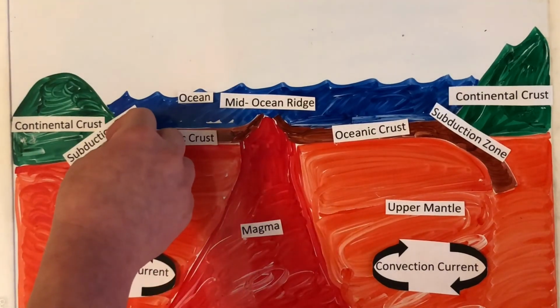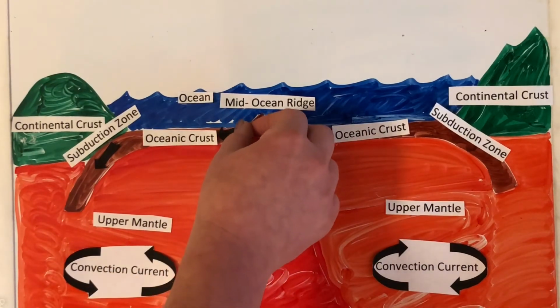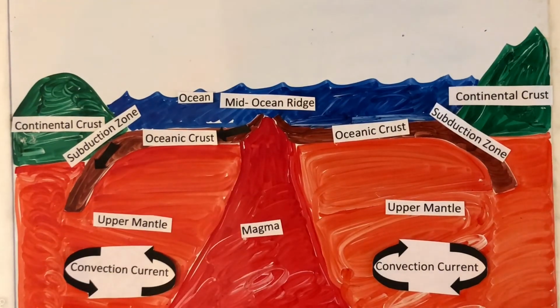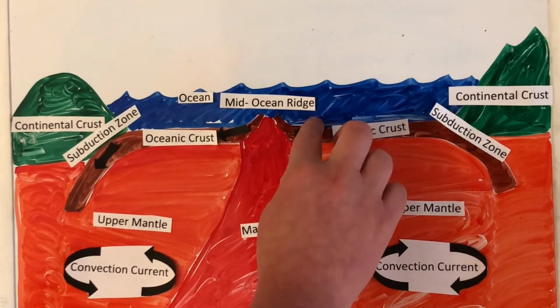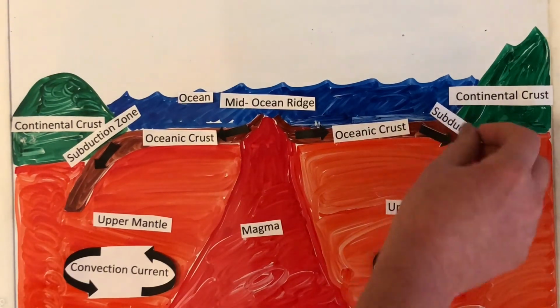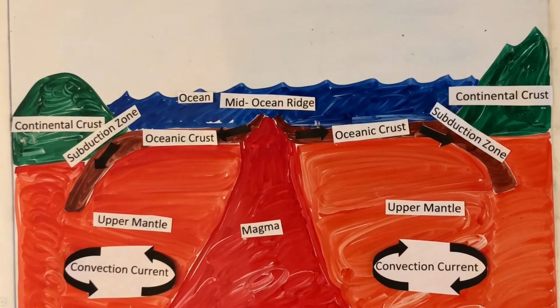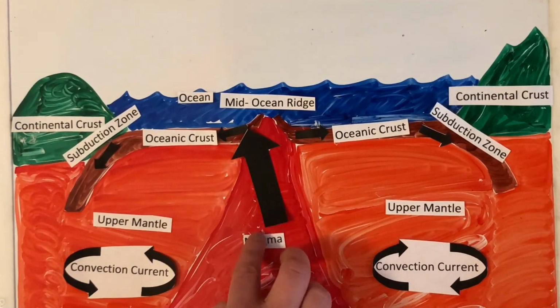So let's place arrows showing the movement of these oceanic crusts away from each other at the mid-ocean ridge. Where the oceanic crusts are thin, magma can bubble up and actually fill in that rift or gap. So we're going to put an arrow showing our magma bubbling up.